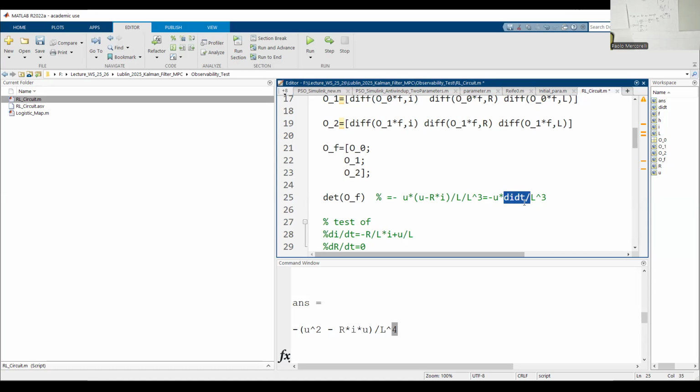This means if I have, for instance, a constant input in an RL circuit, I will wait for steady state, because the input is the voltage. I will have a steady state somewhere, depending on R and L, and a constant current.